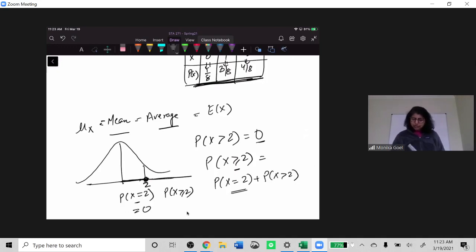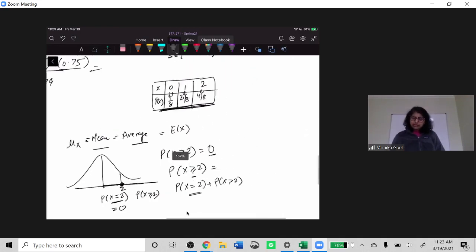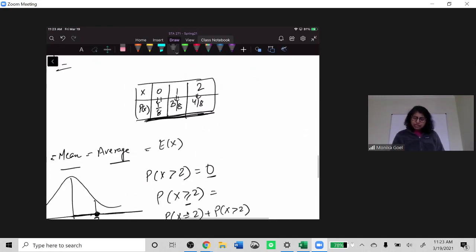So it is 0. So when we are talking about continuous and discrete, make sure you understand what the question is actually asking. In continuous, you are looking for the range because individual probability is 0. But that is not the case in discrete. Also, if this is the table and I'm asking you, what is the probability of x less than 1.2?